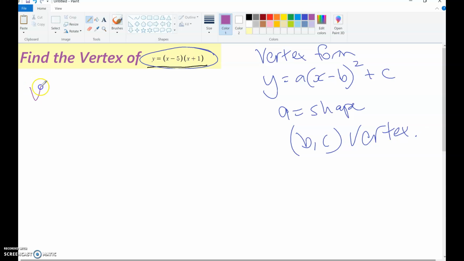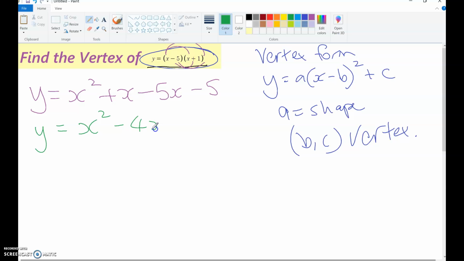First thing we're going to do is expand. Y equals, we're using FOIL, x squared plus x minus 5x minus 5. Then we're going to collect like terms. So the only two that were like terms were those two.